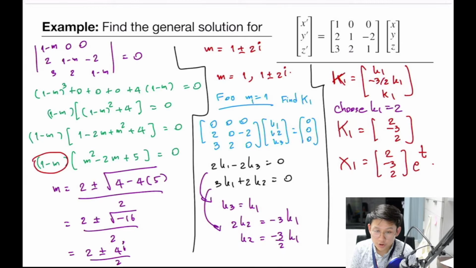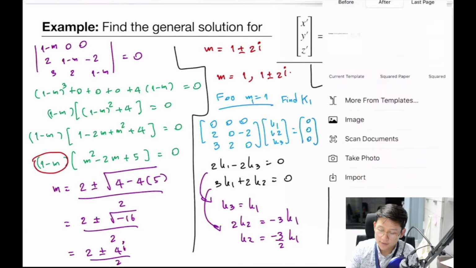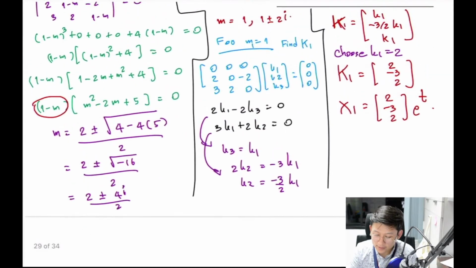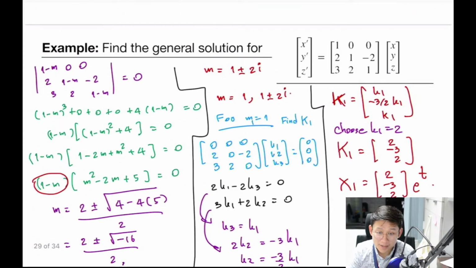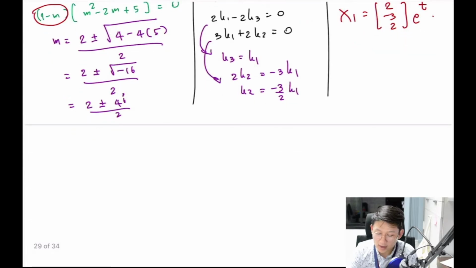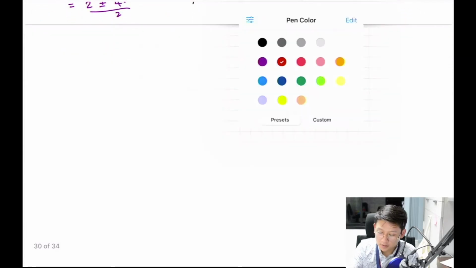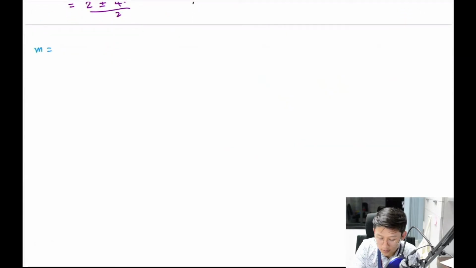Good. After that, we look at the case where m equals 1 plus minus 2i, right? So I only take m as 1 plus 2i.